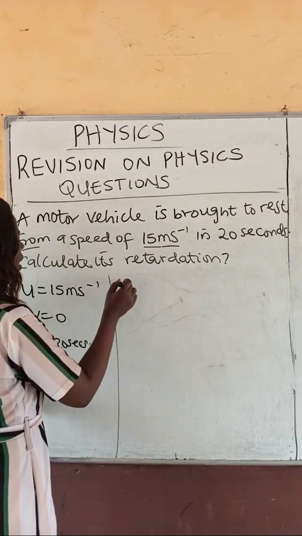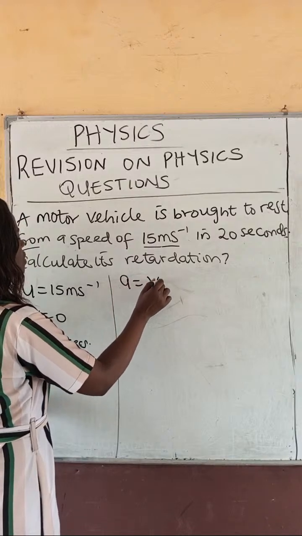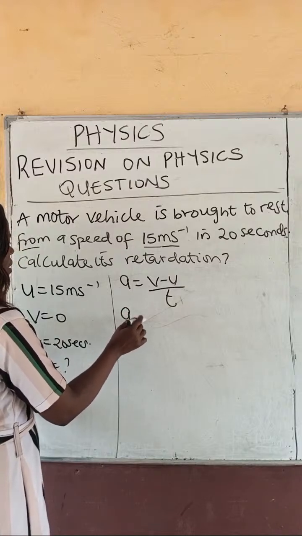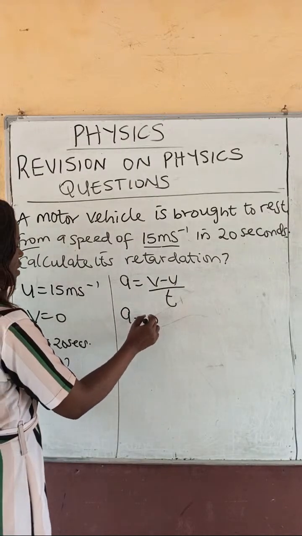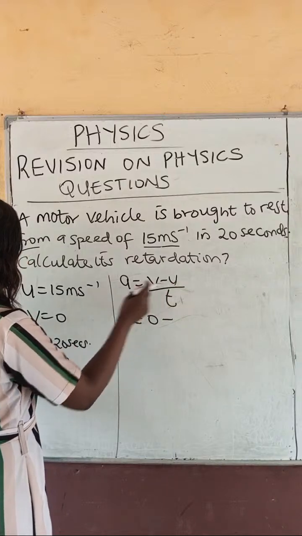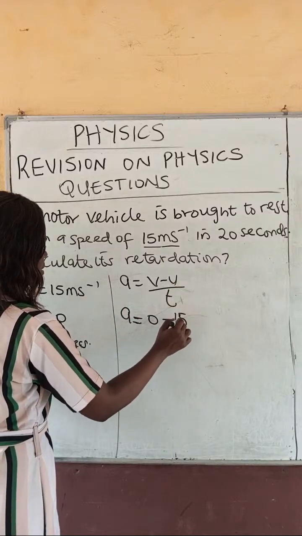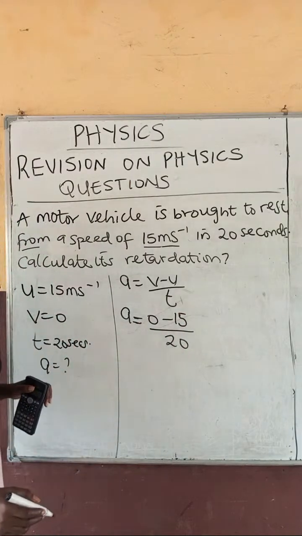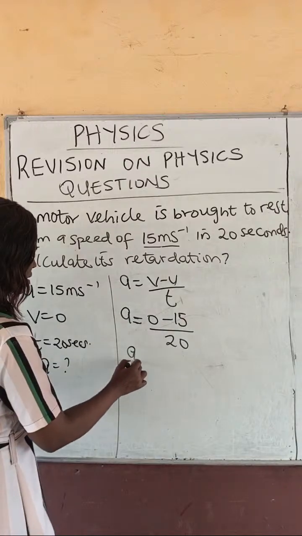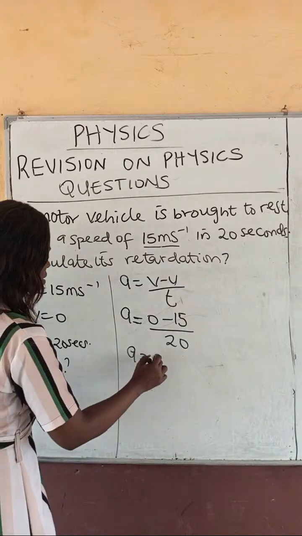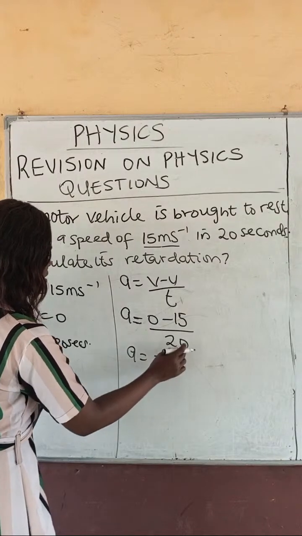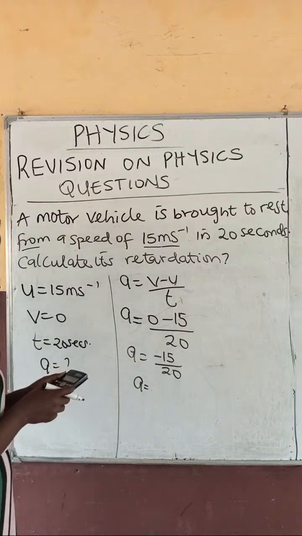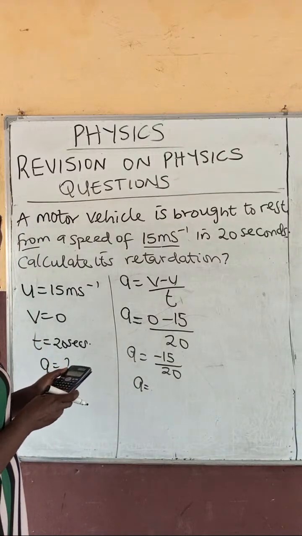So let's use our formula. A is equal to V minus U over T, right? My V is 0 minus my U, which is 15, divided by my time, which is 20. So 0 minus 15 is minus 15, divided by 20.